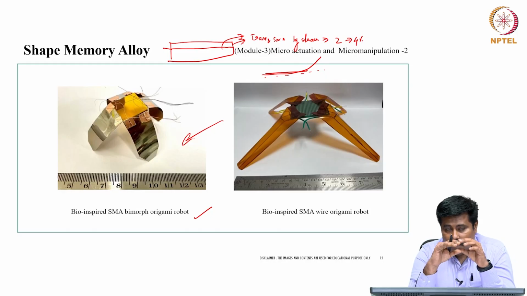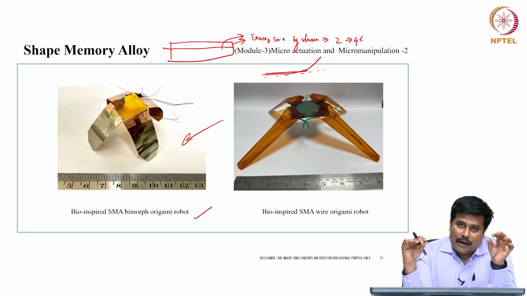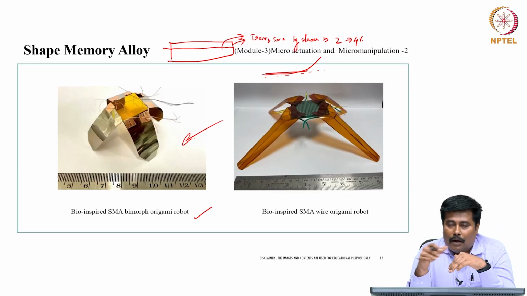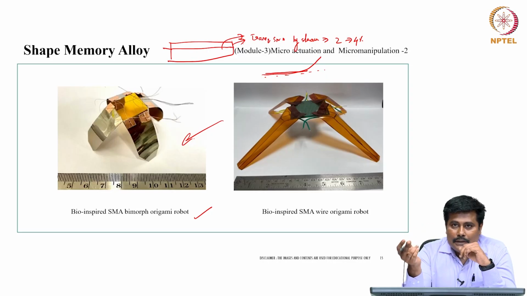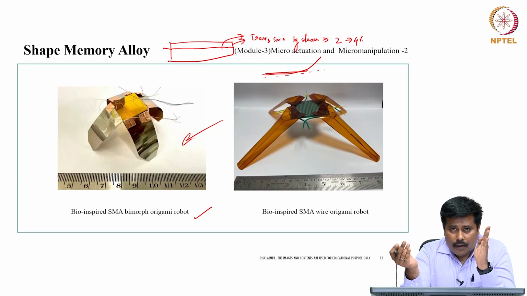Over these strained wires, we have a PDMS structure and a composite structure which is integrated into it. When you actuate this shape memory alloy structure, these composite structures will deflect and then come back.